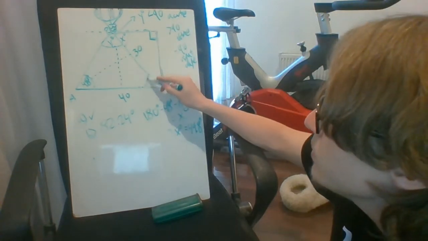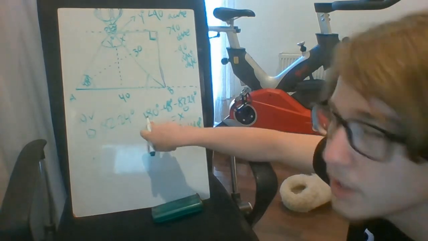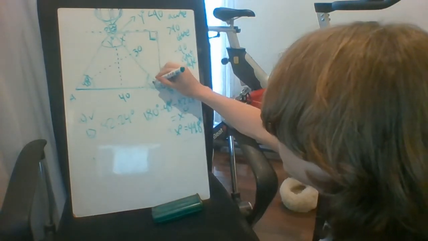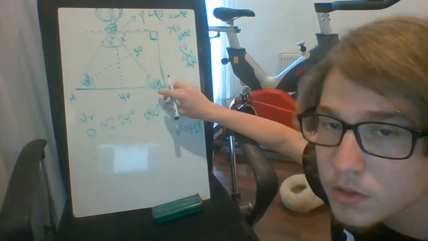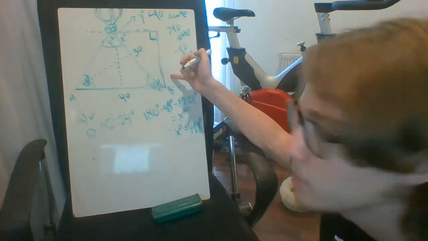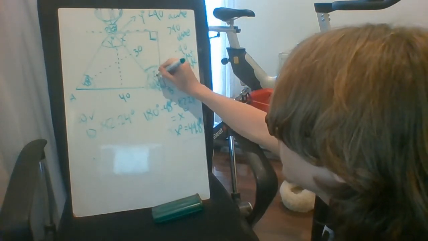We can get this value the same way as I just showed, doing 180 minus 48 minus 82.24. And we're going to get 49.8, okay? You can do this without having the knowledge of the parallel lines. You can get up to this part, okay? We can also find this angle right there, I'm going to call it Z.